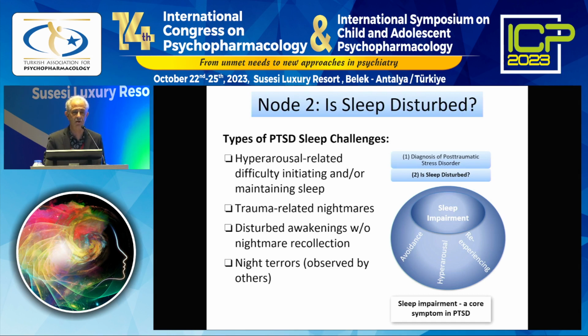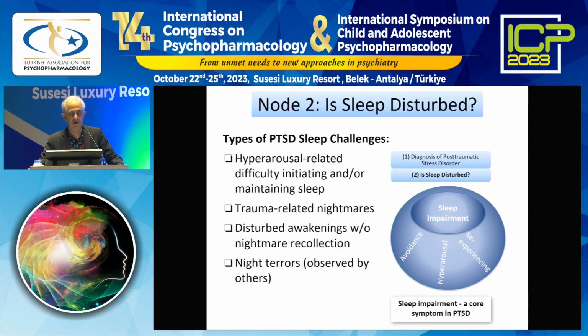They're all anxious, perspiring, hyperventilating, heart is racing. They don't know why, but they can't get back to sleep. They may be up for good. This is called a disturbed awakening. This is a target symptom for prazosin. So you definitely want to identify if it's happening. Don't be satisfied with just asking about nightmares.